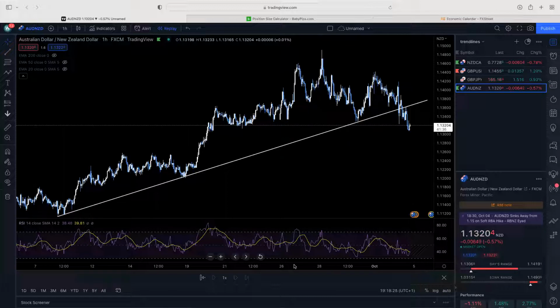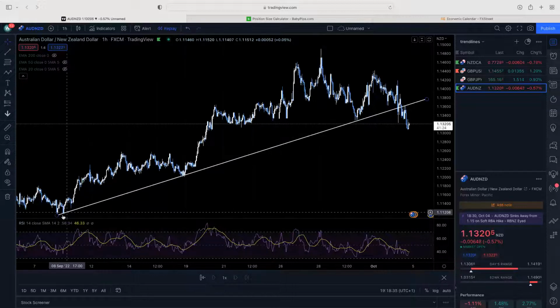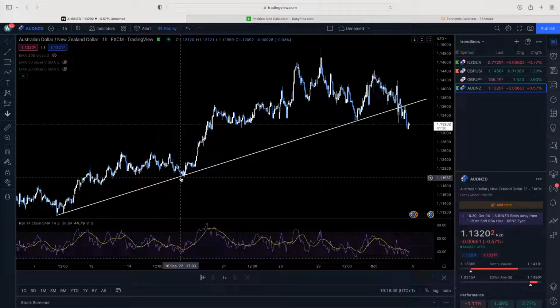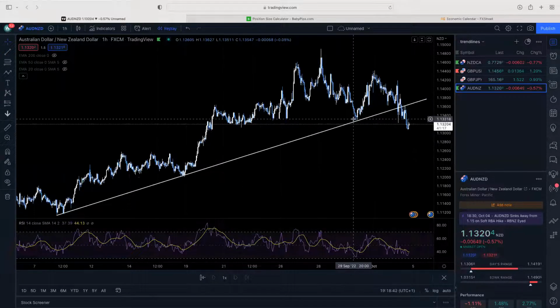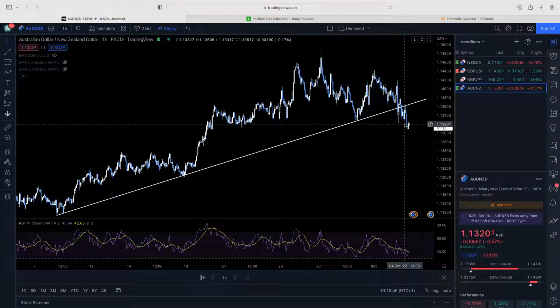It's usually the 3rd touch you find is the strongest, the 3rd or 4th, and then on the 4th or 5th, it will usually break. But AUD NZD, after 3 solid touches, so we'll count this as 1, considering that happened within a few hours' space. So the 1st touch, 2nd touch a few days later, 3rd touch, and then on the 4th touch, we got a tiny little reaction and then price broke through.